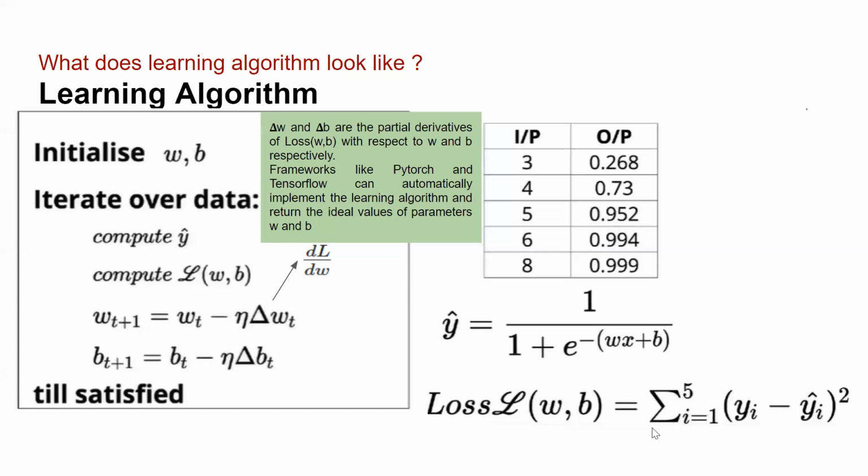Similarly, we take the derivative of this loss function with respect to b, multiply it by eta, and then subtract it from the threshold value. We keep on doing this until our loss reaches a certain level from where it is not changing.